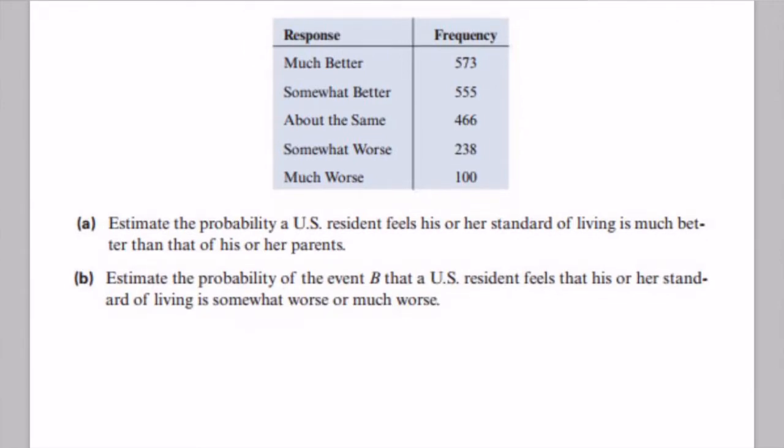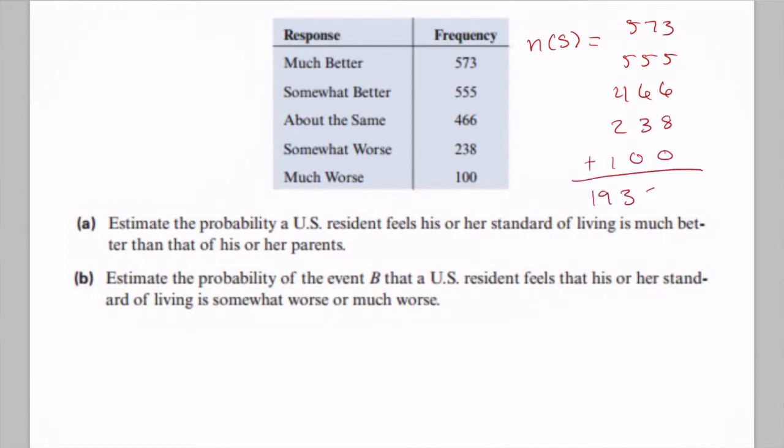Well, before answering that, we need to find our sample space. To do that, we're going to add everything together. And that equals 1,932. Now we can answer our question.